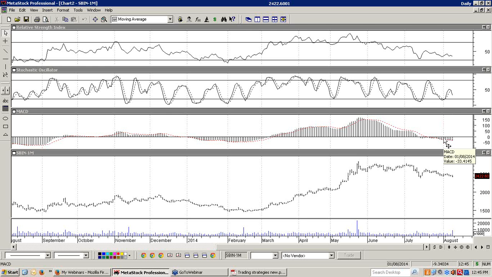MACD again is showing a sell sign. So if you are a trader, you should ideally not enter at this particular point in time, and you should wait for the stock to show some strength on the RSI or the stochastic before you enter. So this is a no trade zone for SBI.